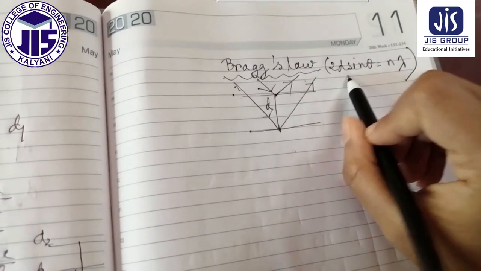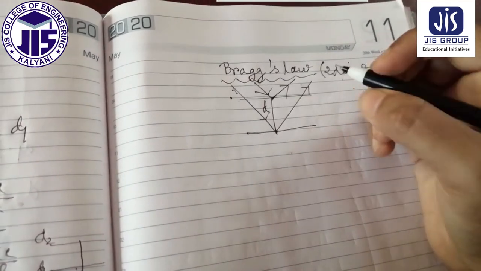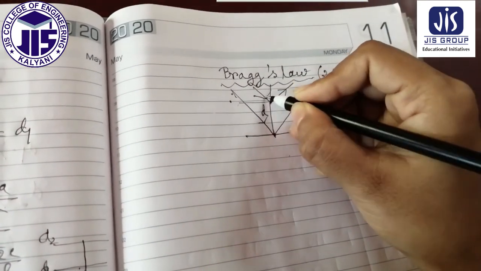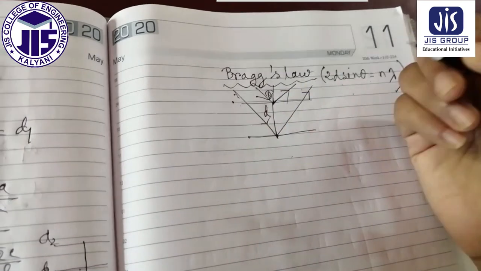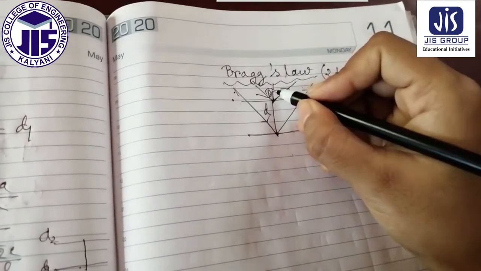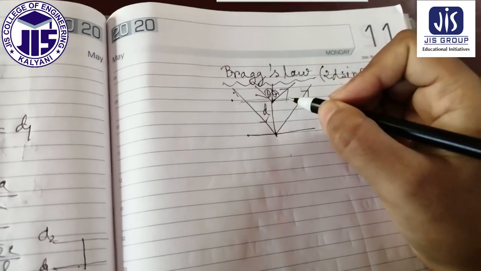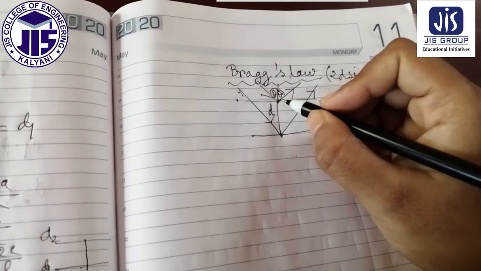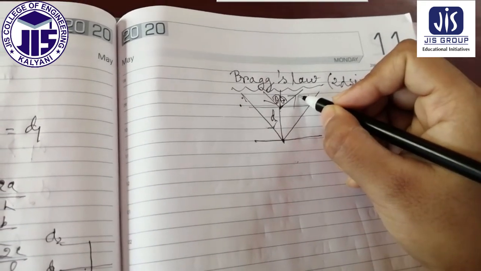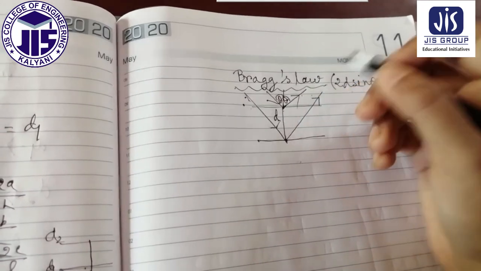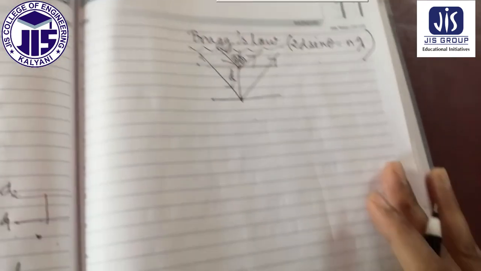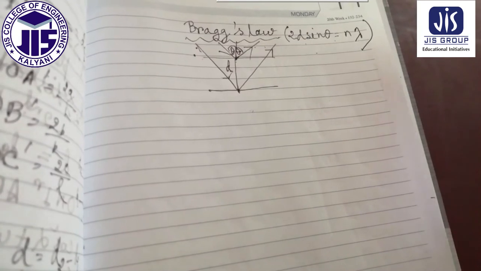2d sin theta is equal to n lambda. Now what is theta? Theta is nothing but the incident angle. Therefore theta is also the reflection angle. Here we are considering that this is the reflected angle. Okay, so let me tell you briefly about the figure.